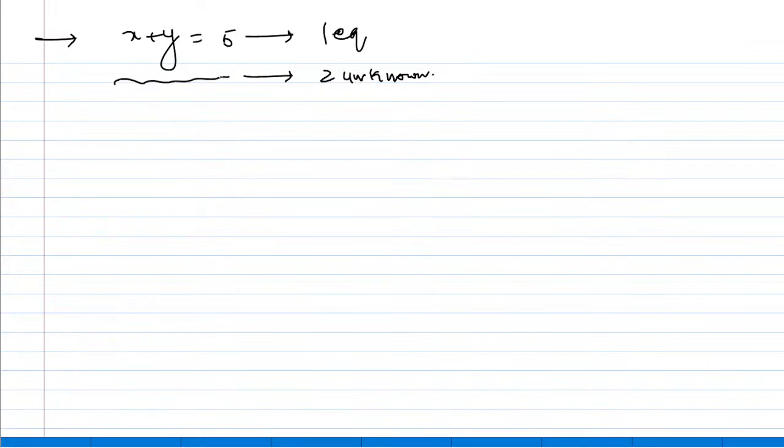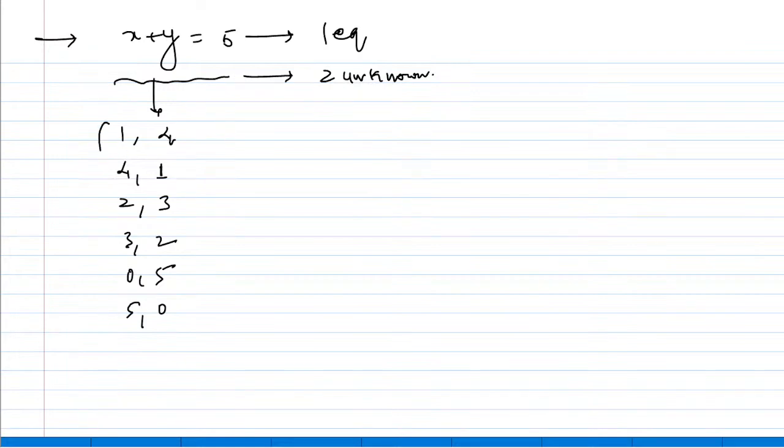What are the possible values of x and y? You can take 1 and 4, 4 and 1, 2 and 3, 3 and 2, 0 and 5, 5 and 0.